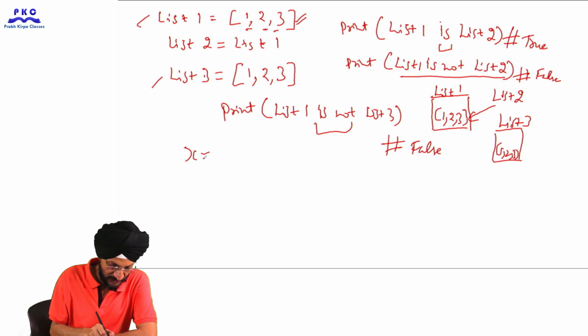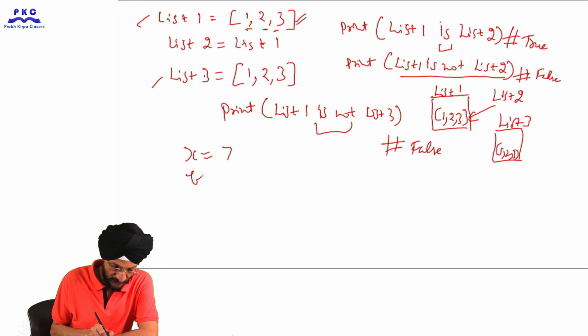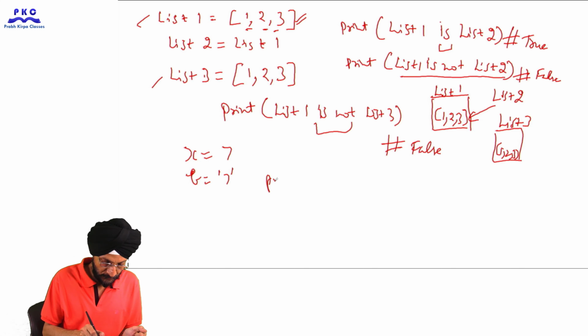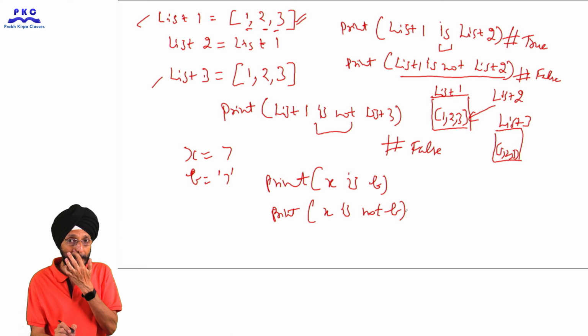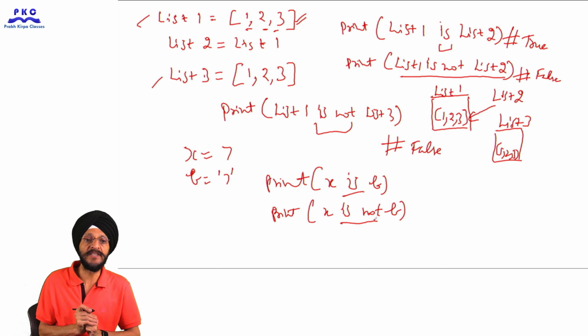Now another example, if we write x is equal to 7, b is equal to 7. Now we use the print function, print x is b, print x is not b. Here we are using the is operator, here we are using the is not operator.